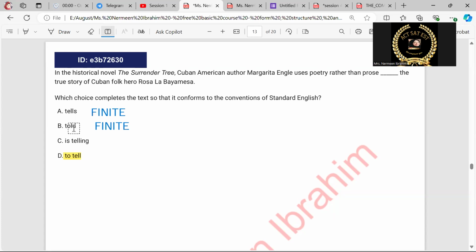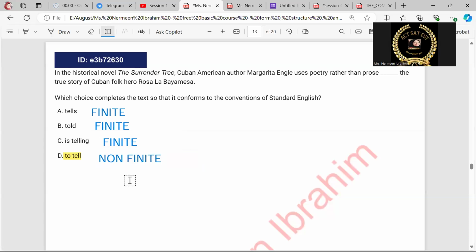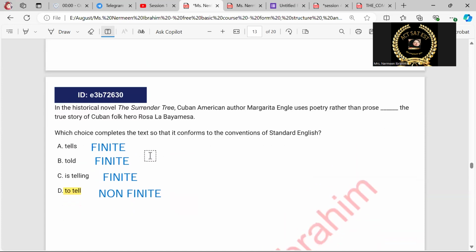"He told" is the same. "He is telling" also makes a main verb and gives a tense. So all of them are finite. Can I say "he to tell"? No, this is non-finite because it doesn't give me a main verb and doesn't give me a tense. It's an infinitive, okay? To tell.